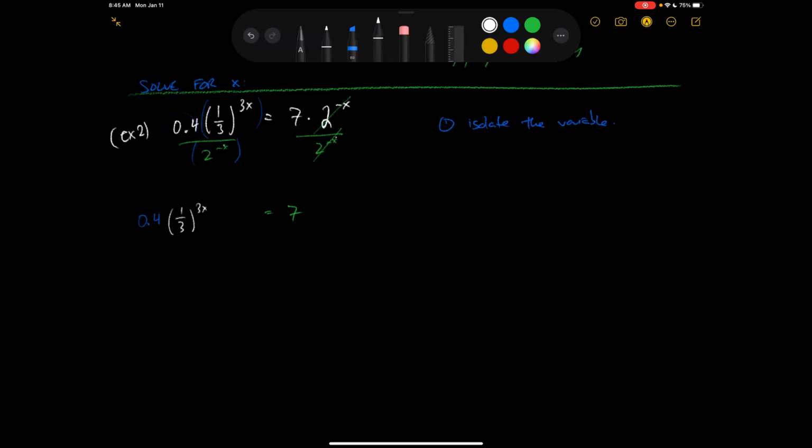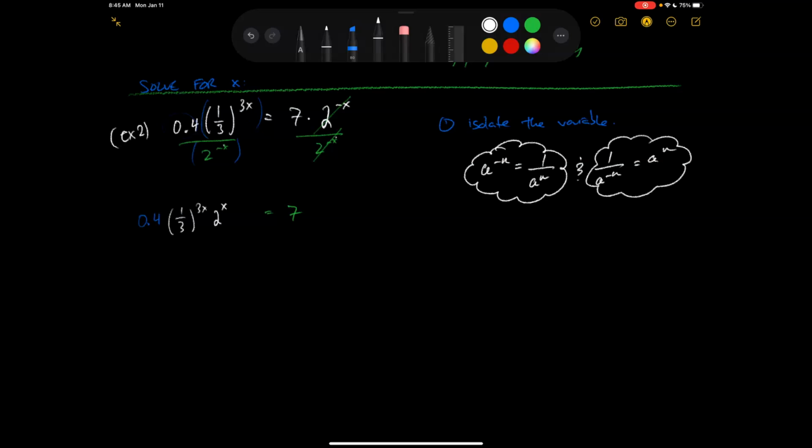And then when we divide by 2 to the negative x, really this is the same as multiplying by 2 to the x, if we remember that property of negative exponents. It means it's the reciprocal, right? So this is a rule that's going to come in handy a lot. And the same thing applies if it's in the denominator.